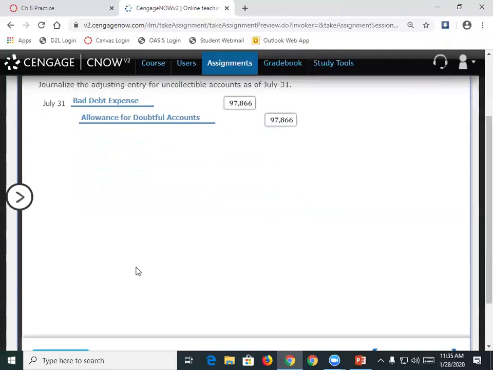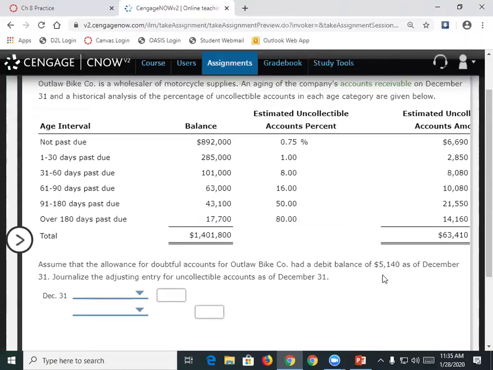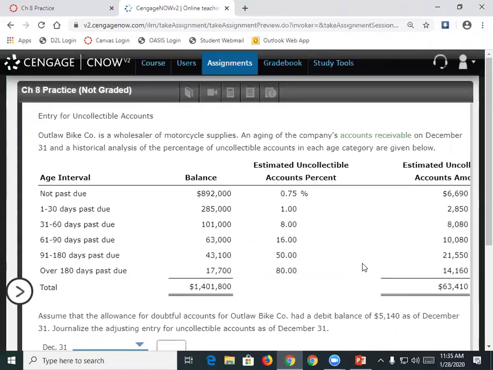All right. Moving right along then. So this one is actually giving us the aging of receivables, and it wants us to calculate the adjusting entry. So really it's the same idea, but they've given us the aging schedule, okay?